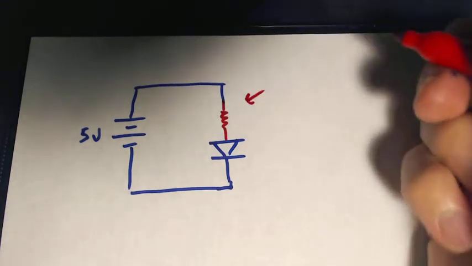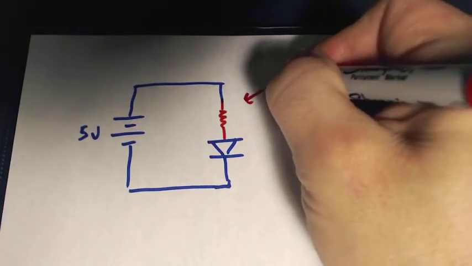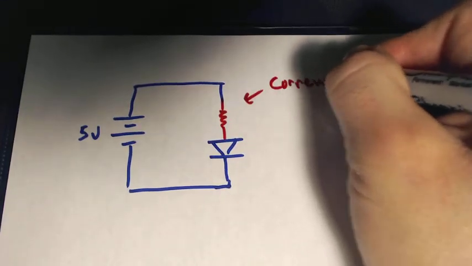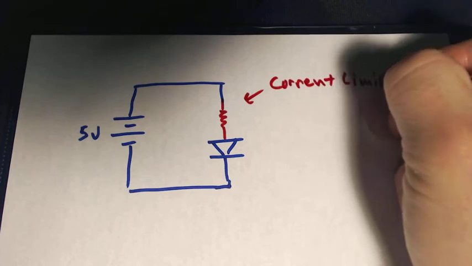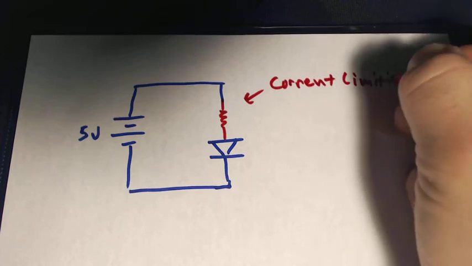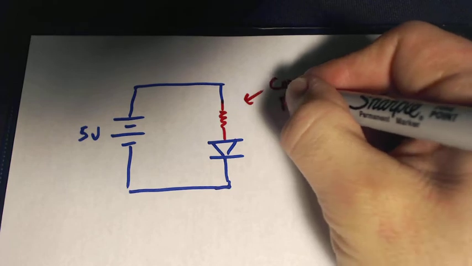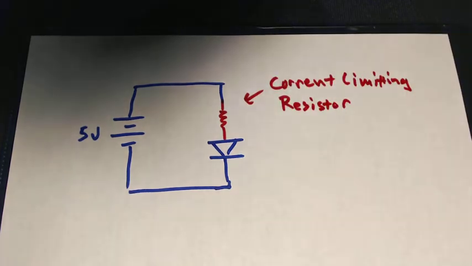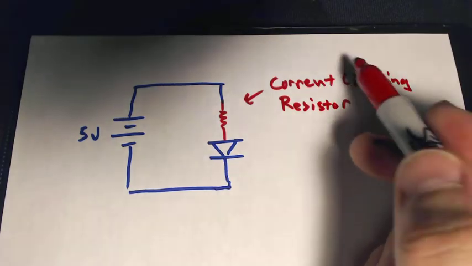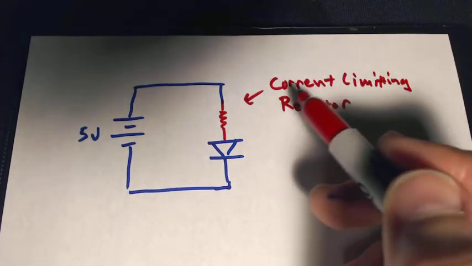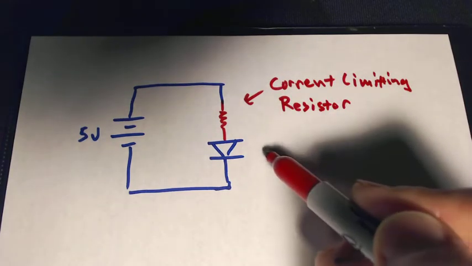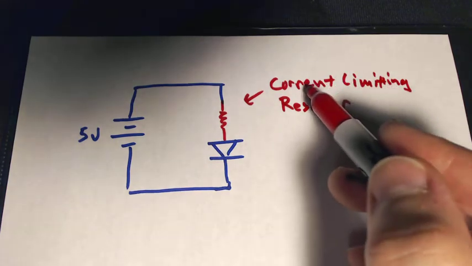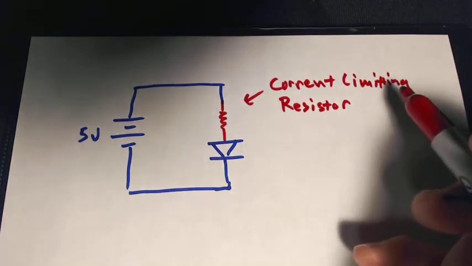Now, a resistor used like this is called a current limiting resistor. Okay? So the functionality that this resistor is offering in this circuit is that of limiting the current. So we call it a current limiting resistor.